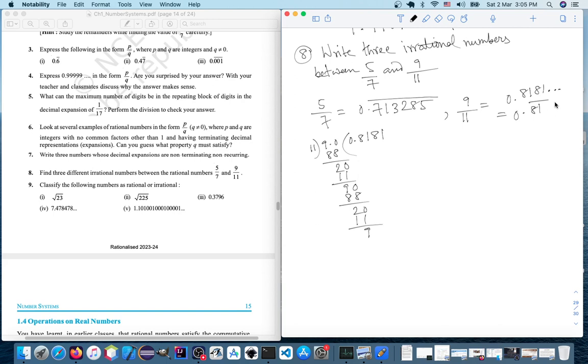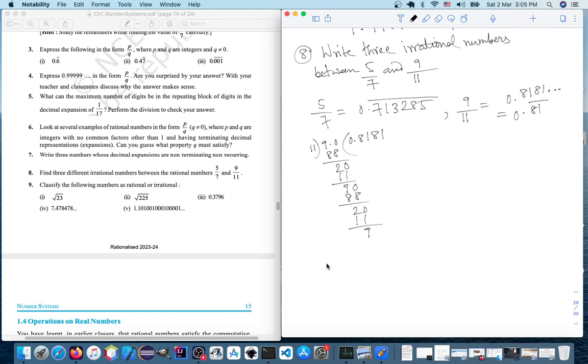So we have to find irrational numbers. What does an irrational number mean? We will have an infinite number of digits but with no repeating block of digits.